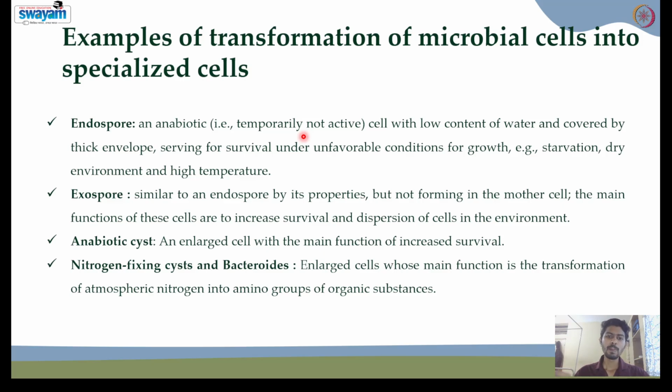Like so, according to the condition, these microorganisms also have their own strategy, by having spores accumulate inside the cells, or exospore, or anabiotic cyst, or nitrogen fixing cyst. So these are some of the examples of transformation of microbial cells into specialized cells.